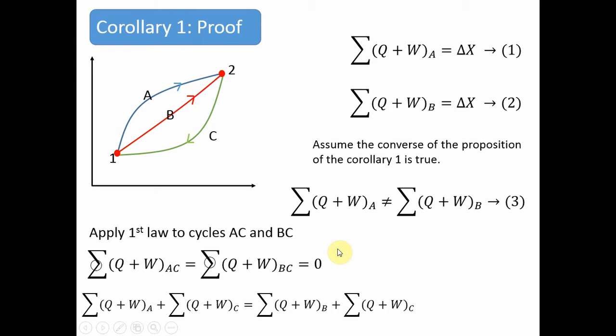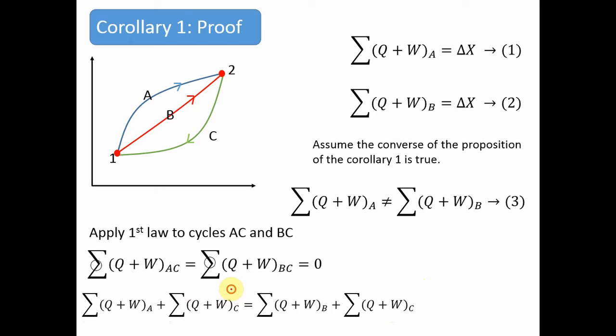You can expand the cycles AC and BC because cycle AC consists of process A and process C. Therefore, the cyclic summation of heat and work transfer in cycle AC is equal to heat and work transfer along path A plus heat and work transfer along path C. Similarly, the heat and work transfer in cycle BC can be expressed as heat and work transfer along path B plus the heat and work transfer along path C. Now you can see in this equation, this term and this term are identical.